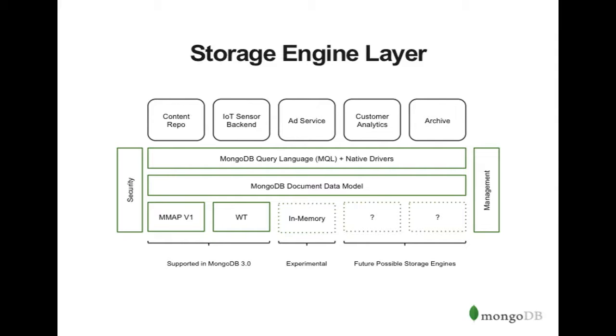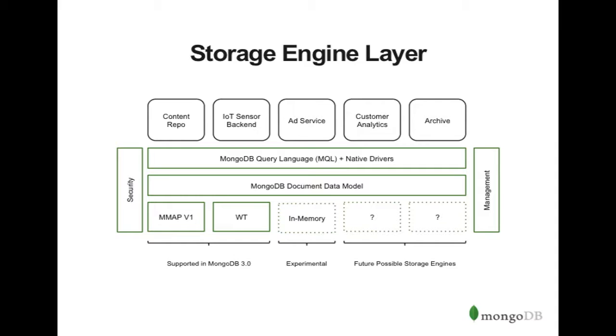So regardless of what your underlying storage engine is going to be, you're still going to be using our query language, and you're still going to be using standard MongoDB drivers. Below that on the stack is our document data model. So again, regardless of what the storage engine is, you'll still be using the MongoDB query language to query the MongoDB document data model, JSON for those who are familiar with it.